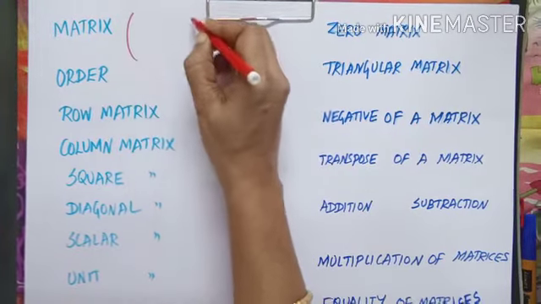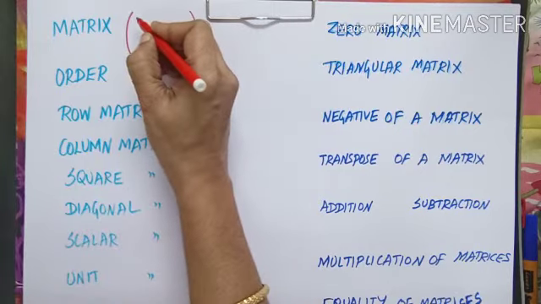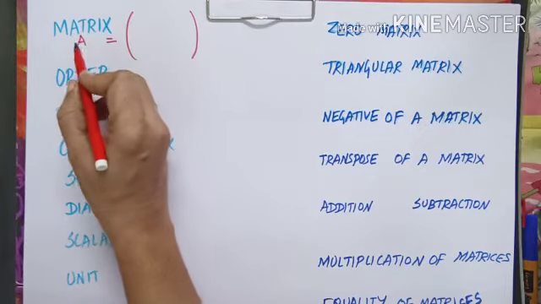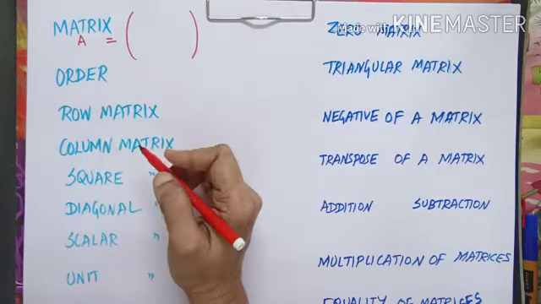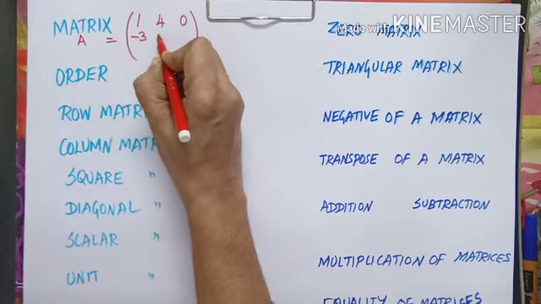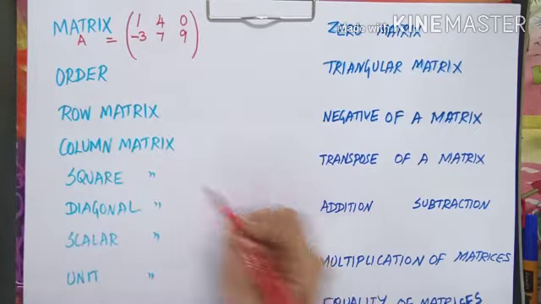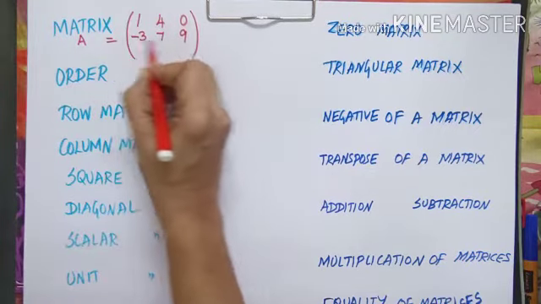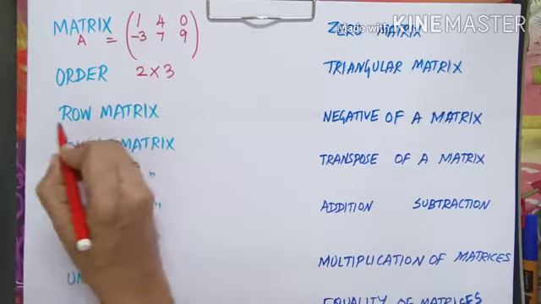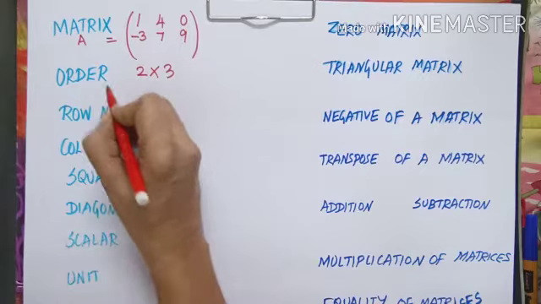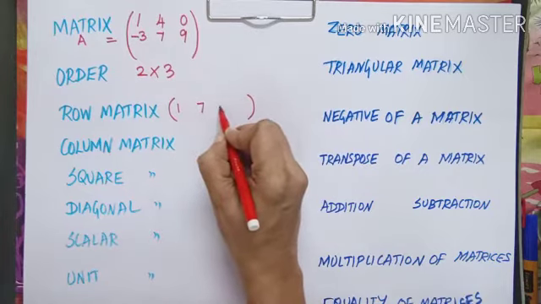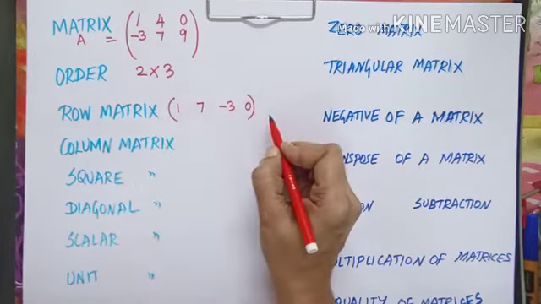Matrix is a rectangular array of elements. So let us give a name, A equals; capital letters we use to denote a matrix. Here I have an example: 1, 4, 0, -3, 7, 9. Order of a matrix: how many rows? 2. How many columns? 3. Row matrix, give an example. Only 1 row: 1, 7, -3, 0, something like this.